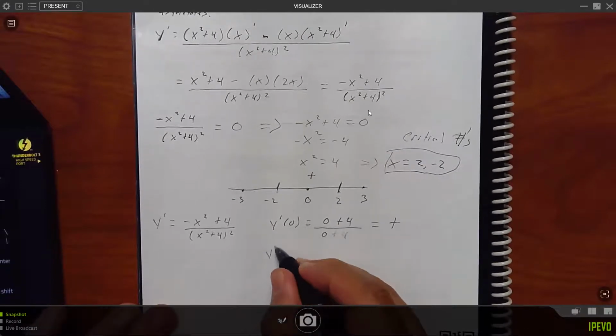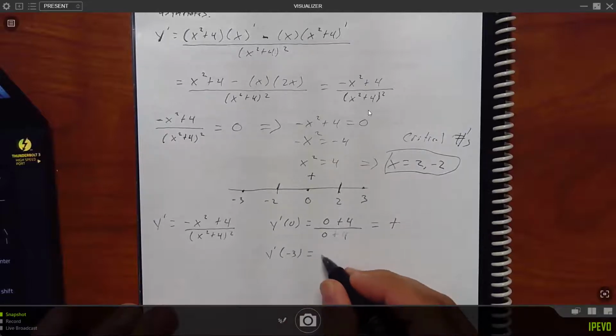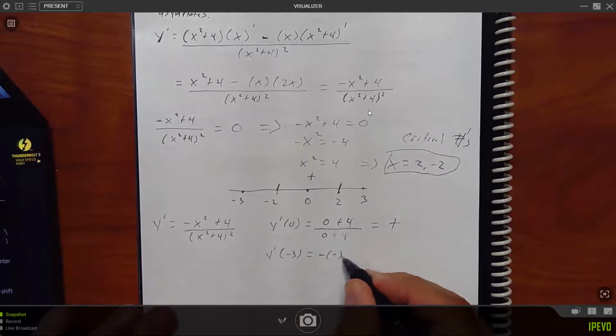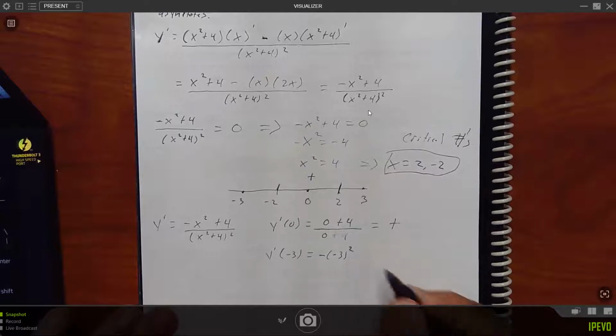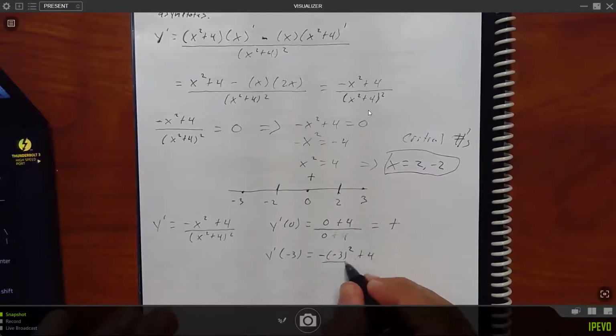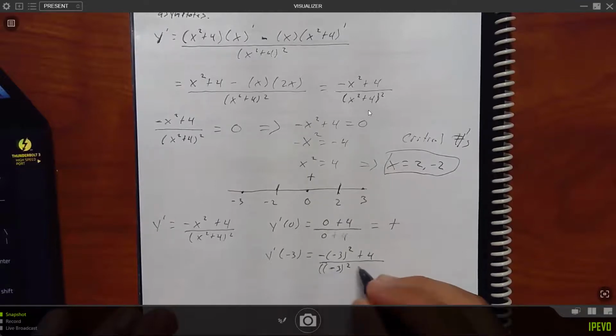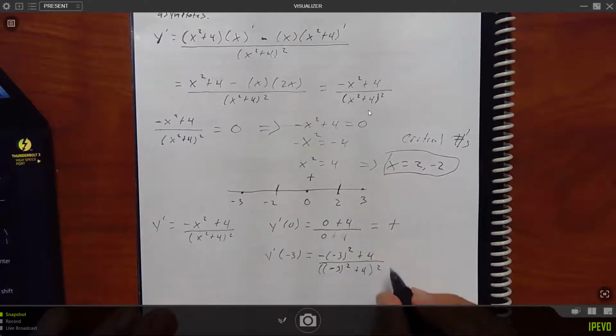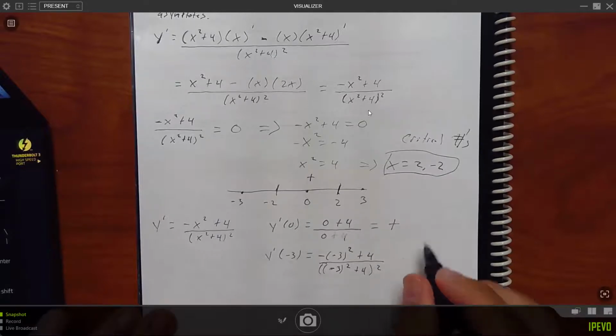Now let's test -3. So -3 squared plus 4 over -3 squared, squared plus 4 squared. So this is going to be positive as well.